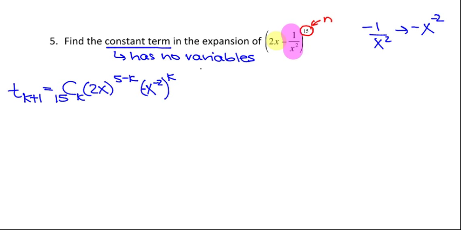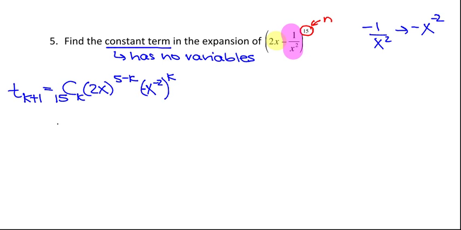So I'm looking for a term in which the exponent of my x is going to be 0. Here, when I'm multiplying 15ck by 2x, because I'm multiplying, I'm looking at adding my exponents. So I'm going to simplify this as much as I can, and then look at how I can get those exponents to sum up to 0.